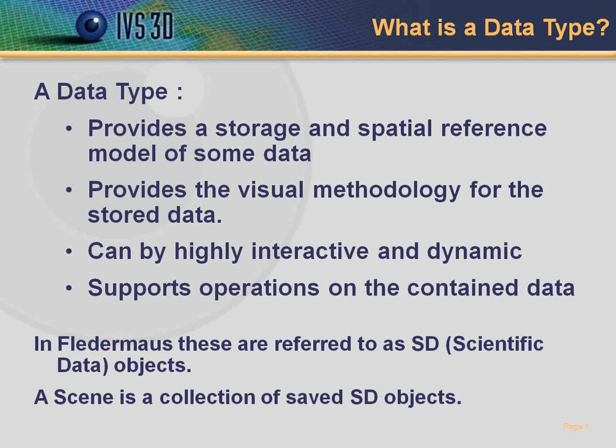In Fledermaus, we generally refer to these objects as the SD data objects, or scientific data types, just a historical reference. And we often talk too about scenes, which are a collection of one or more of these SD objects.